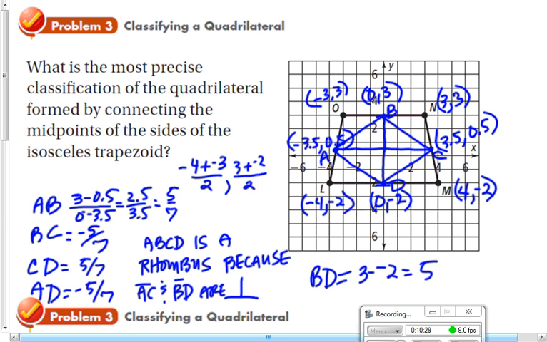And the length of AC is equal to 3.5 minus negative 3.5, which is 7. And so we don't have congruent diagonals. So the best that we can say is that this is a rhombus. Go ahead and try that.